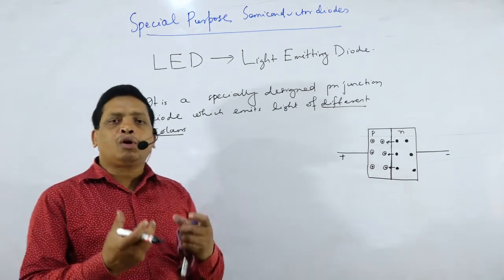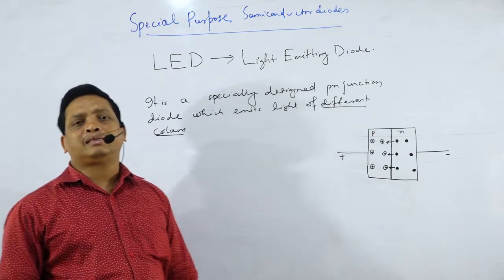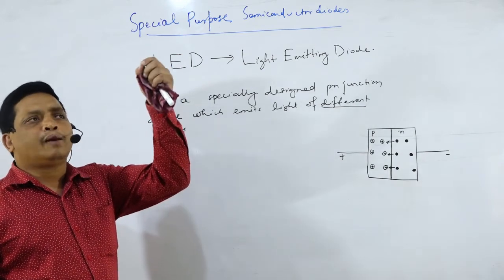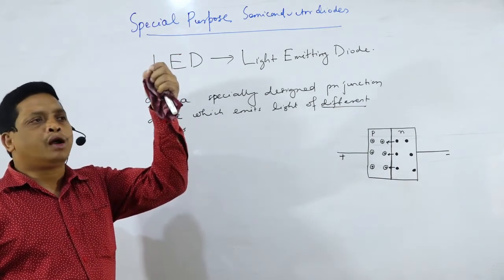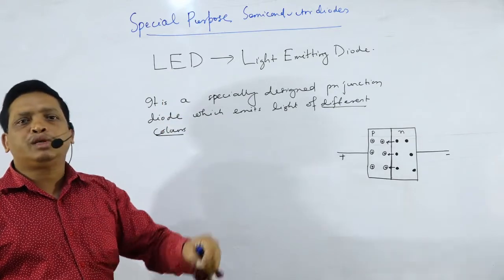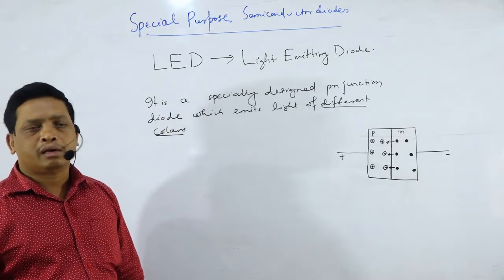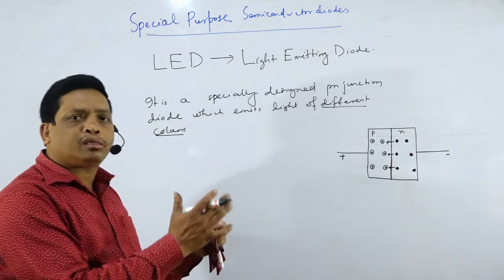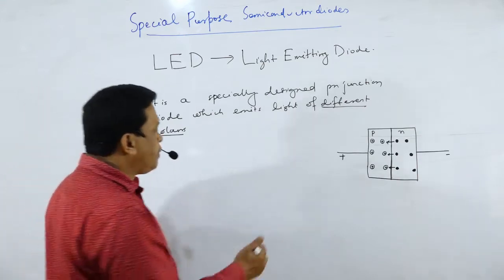And when electron hole recombination takes place, that means the free electron from the conduction band combines with the hole in the valence band.